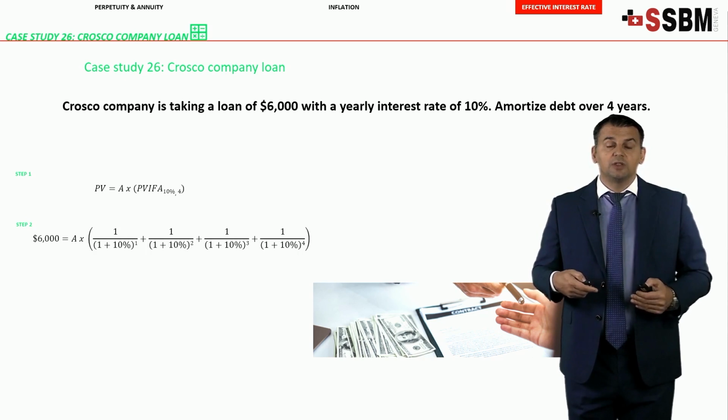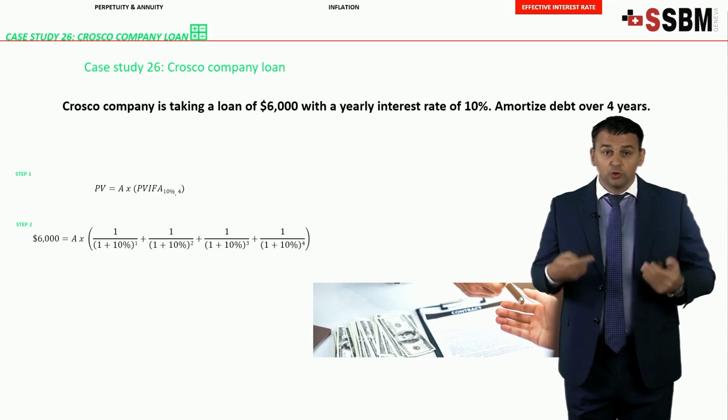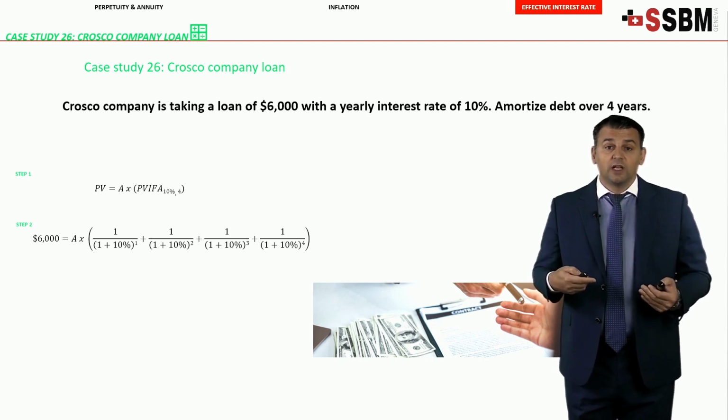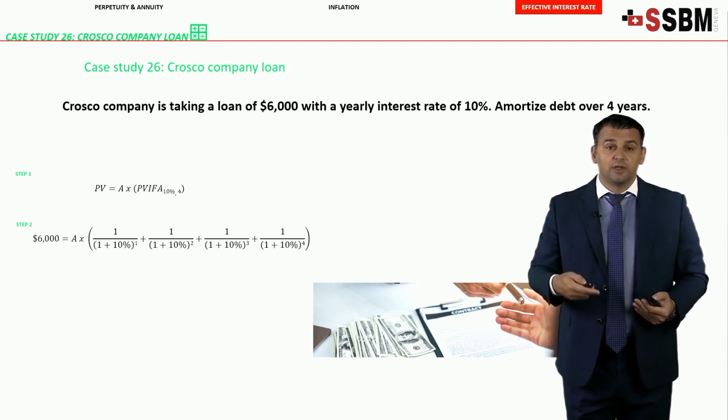So here we know that the present value is $6,000. Present value is always equal to the amount of the loan because today you receive the money, $6,000. So it corresponds to what? It is equal to the future cash flows, which is the annuity paid at the end of the first year, of the second year, of the third year, and the fourth year.